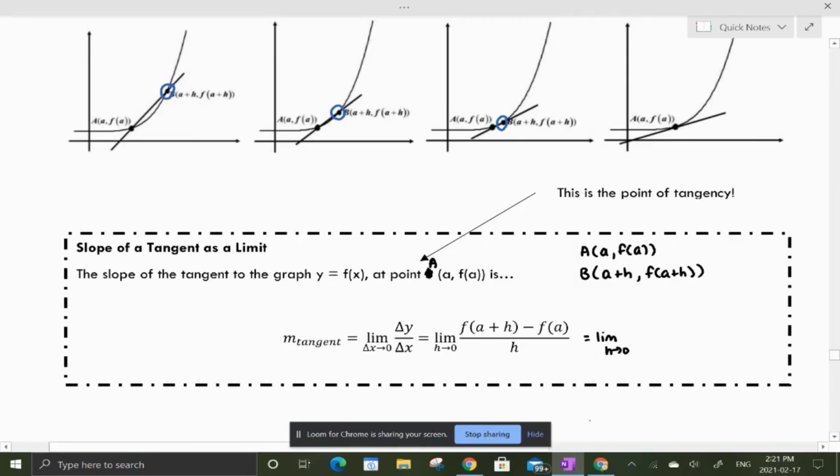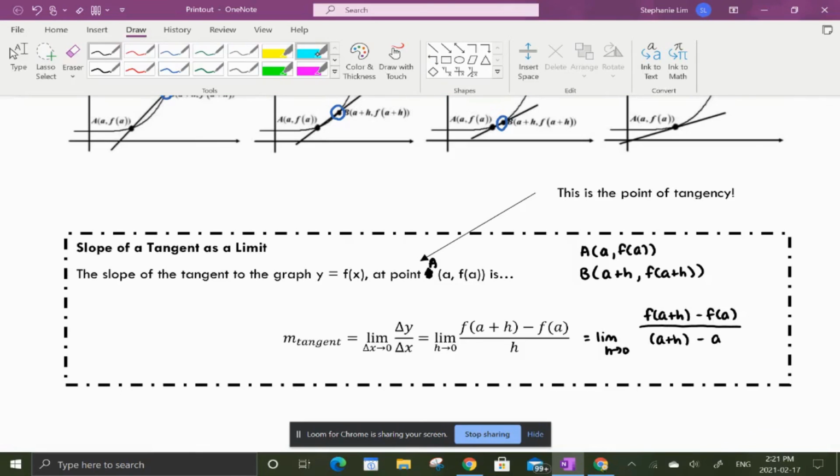Now, if you remember slope, slope is y2 minus y1 over x2 minus x1. That, if you simplify, will give you the equation that I've got here that I'm highlighting.